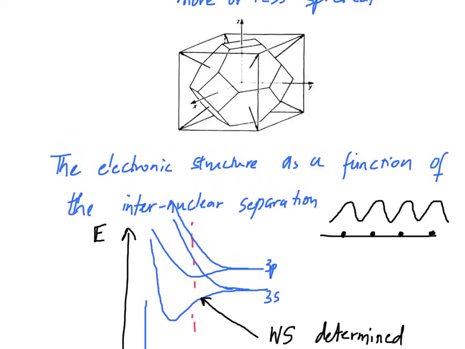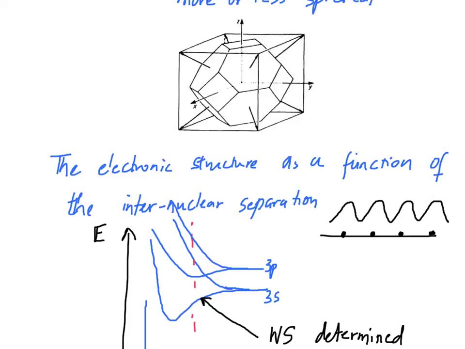So what Wigner and Seitz did was to essentially replace this truncated octahedron, right? You've got a polyhedron over here. It's really an octahedron that has been truncated. In any case, they found the volume of this polyhedron, which is quite trivial to compute.